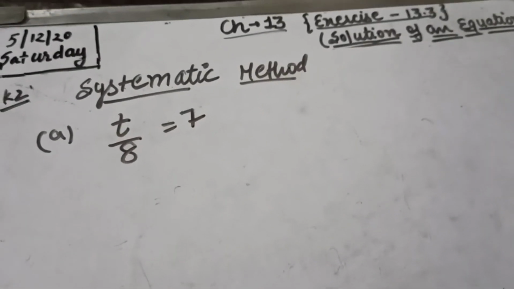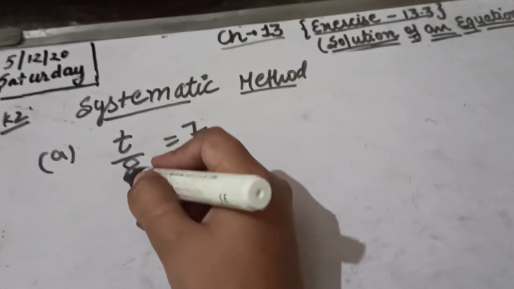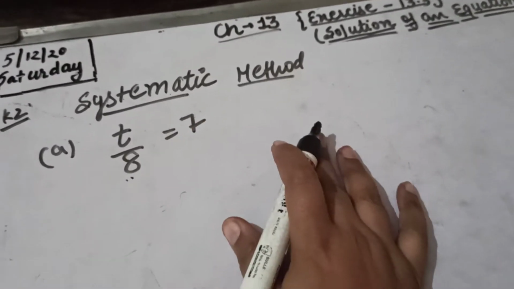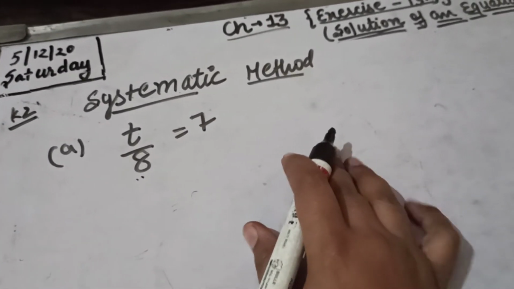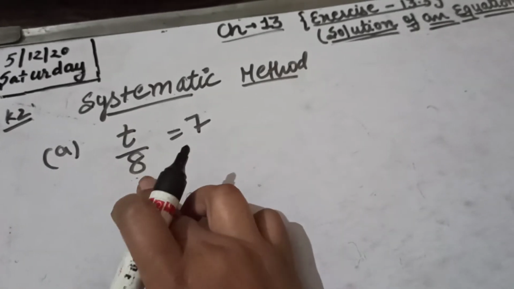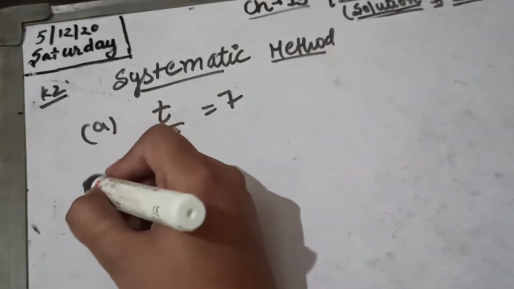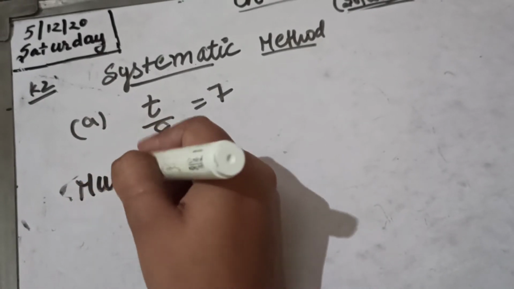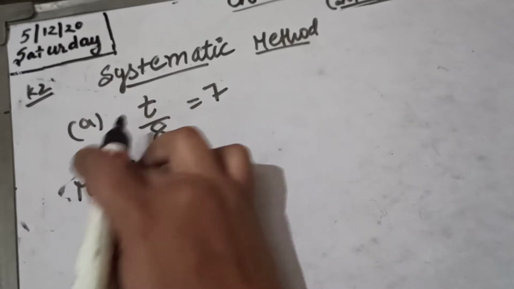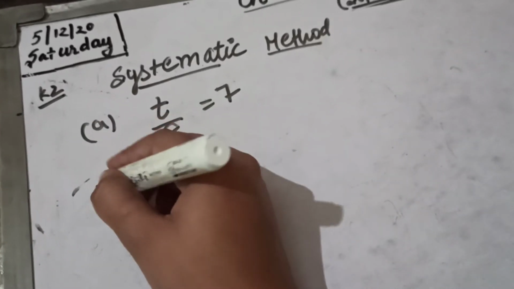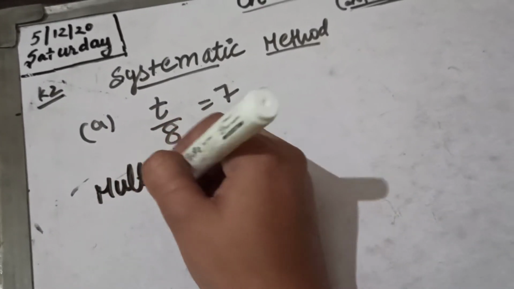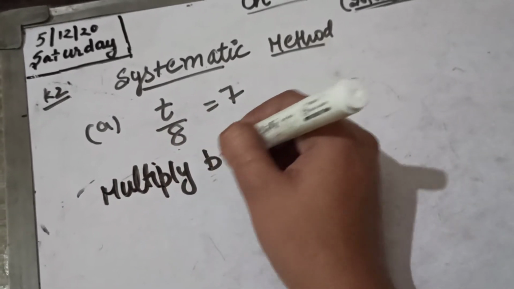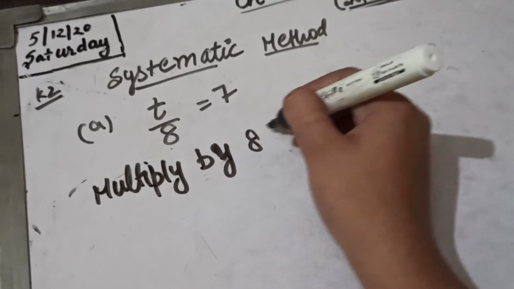In the systematic method, here I have to convert this left hand side to only the variable. Here the number given is in division, so multiply by 8 on both sides.